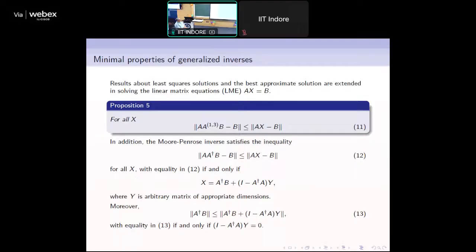If we multiply this part from the left by A, we will obtain 0. This part is from the kernel of A. So it is one Moore-Penrose solution plus one expression from the null space of A. And of course, then the norm of the Moore-Penrose solution is less than or equal to this norm.